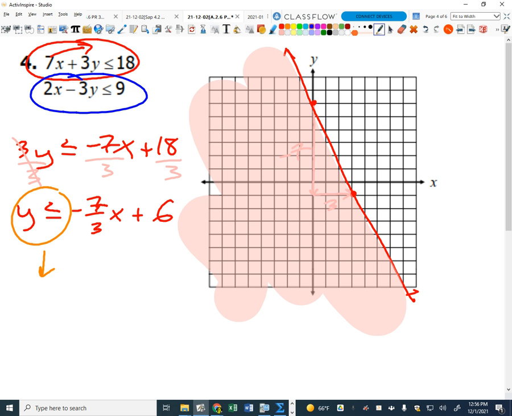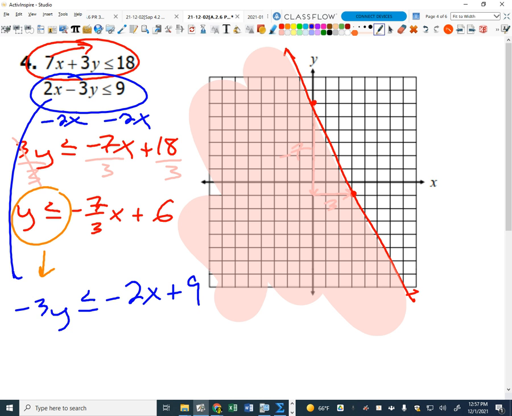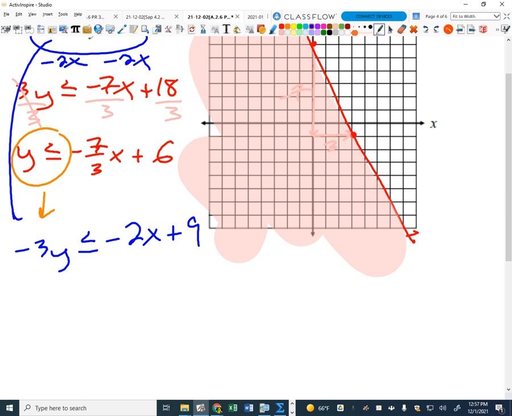What am I going to do there? Okay. And if I do that, I'm going to get negative 3y is less than or equal to, I've got a negative 2x on this side now, plus 9. Okay, now what? Okay, what do I have to remember to do?